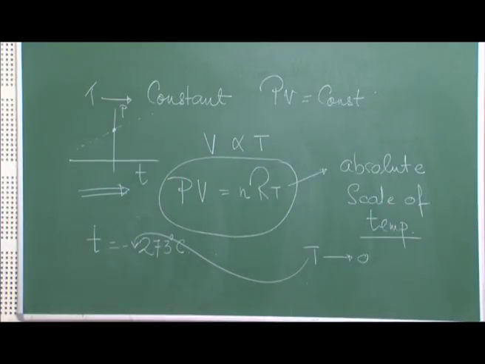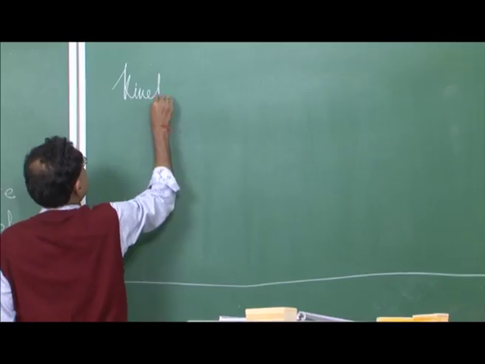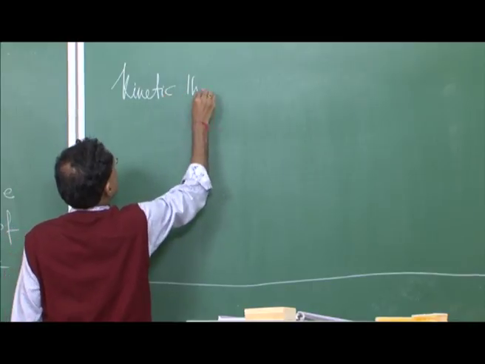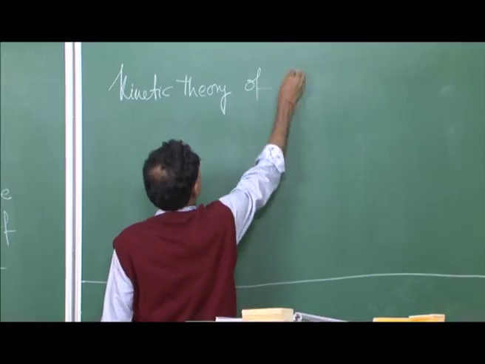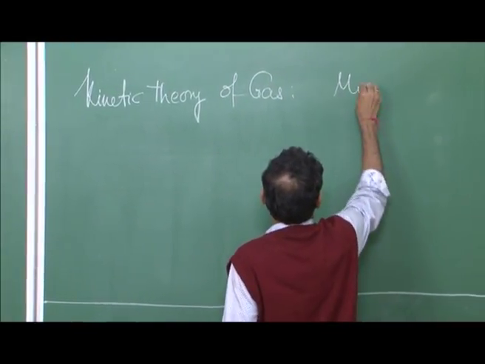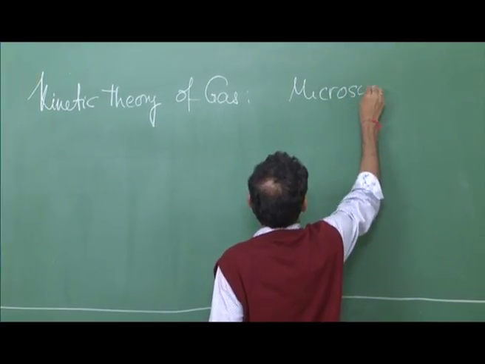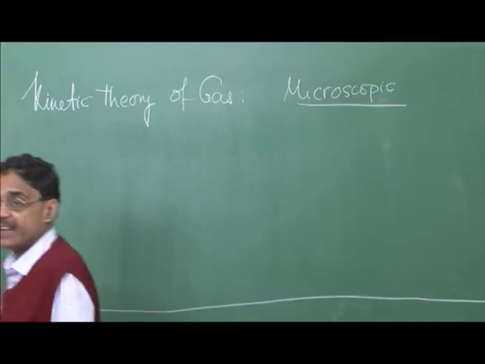Okay. Having this preamble, and assuming that we know a bit of the absolute scale of temperature, now let me proceed to what I know as the kinetic theory of gas. Kinetic theory of gas, definitely as I mentioned to you before, is a microscopic description, but in an average sense.